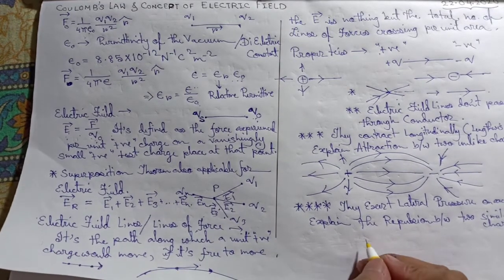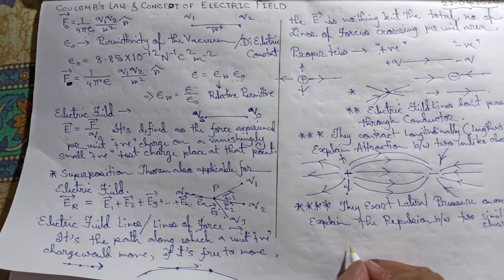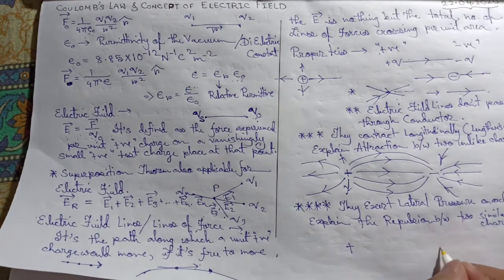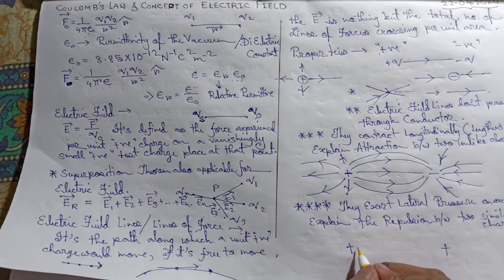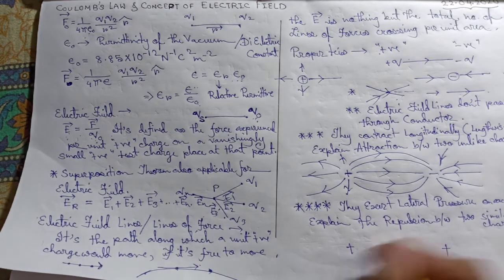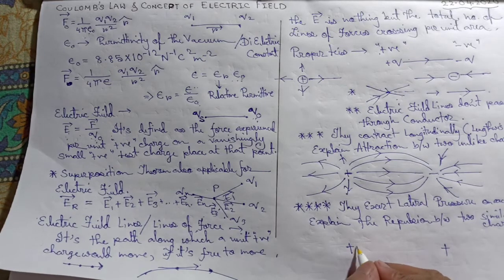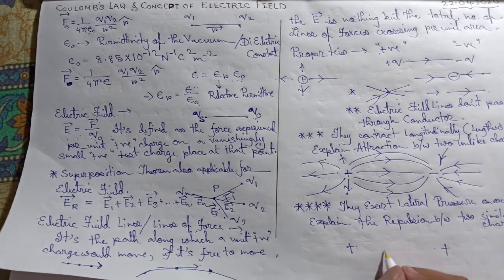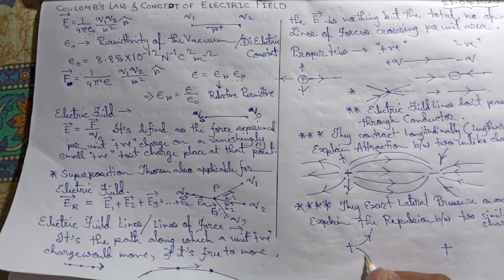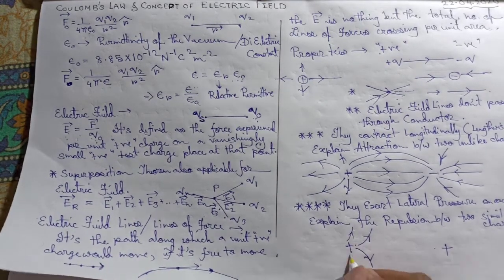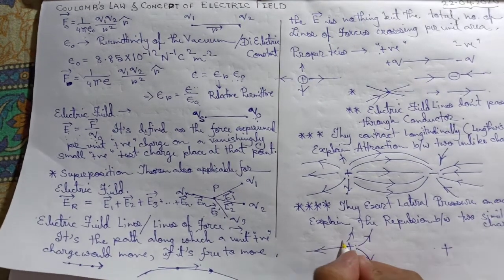When there are two similar charges, let's say positive and positive, we know they repel each other. And one more thing we know: electric field lines come from the positive charge and terminate at a negative charge, but here there is no negative charge, so they terminate at infinity. It cannot go to the other positive charge, so it has to bend, like that.